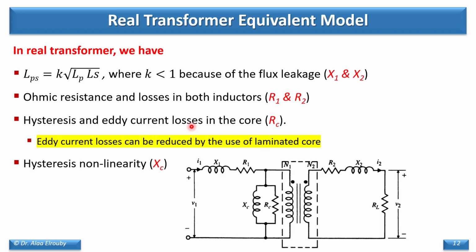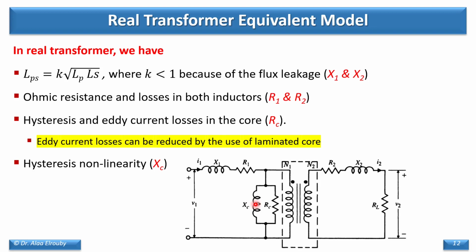This is represented by RC. There are also losses that we're going to discuss after this slide, called the eddy current losses, and the eddy current losses can be reduced significantly by a laminated core, as we're going to see in the exercise. So the hysteresis nonlinearity is represented by XC.